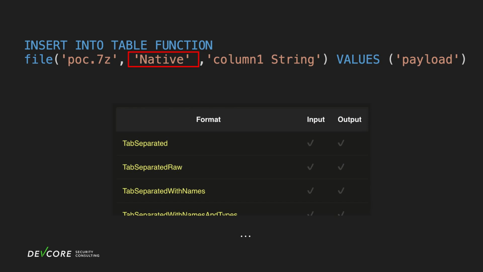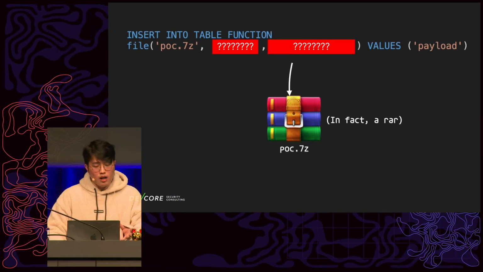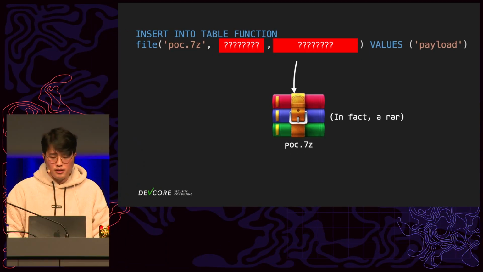There are some, like tab separated row, tab separated with names. So we can actually create a file that is in fact an RAR, but with the file extension 7z, to trick ClickHouse into extracting the RAR for us to trigger the vulnerability.